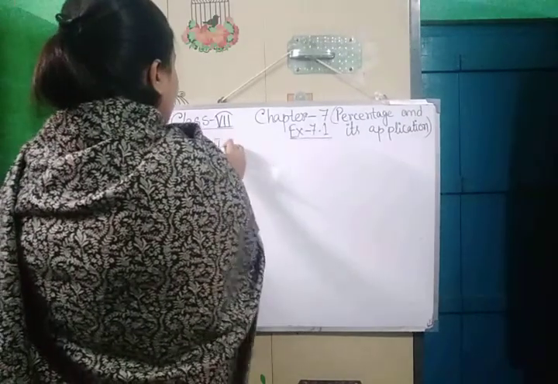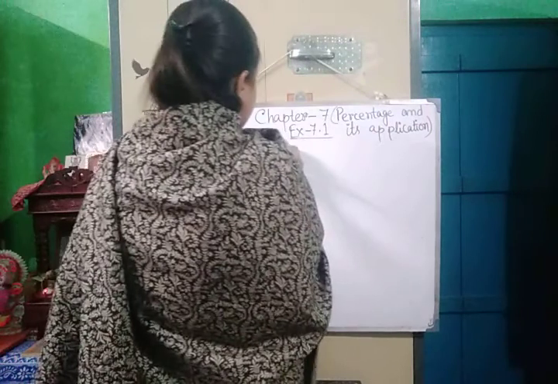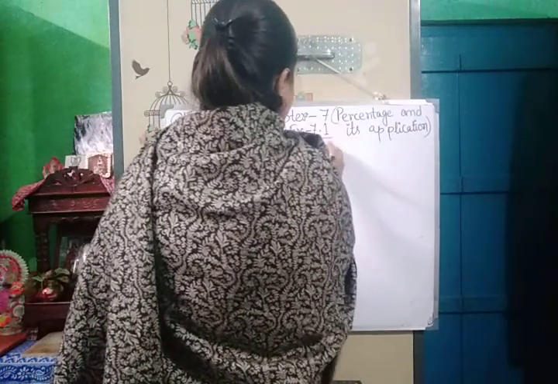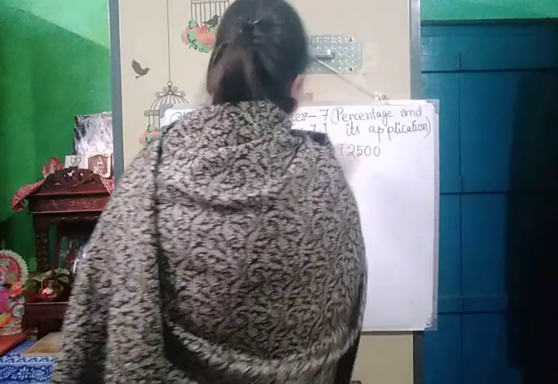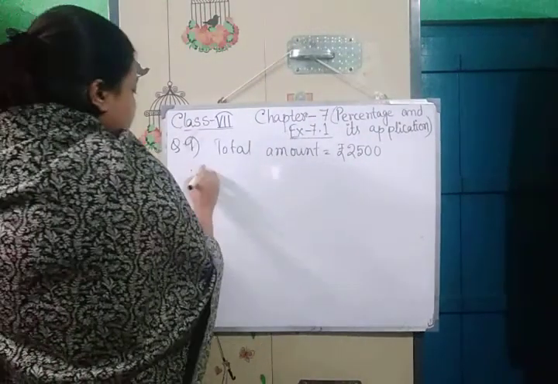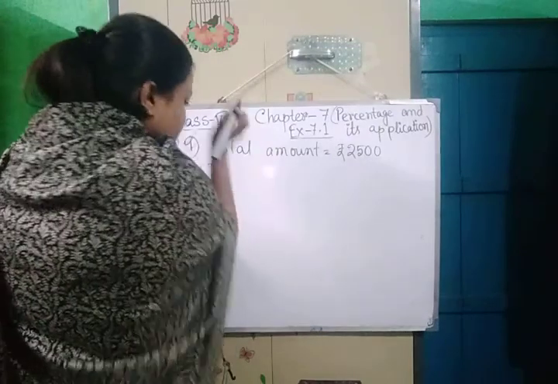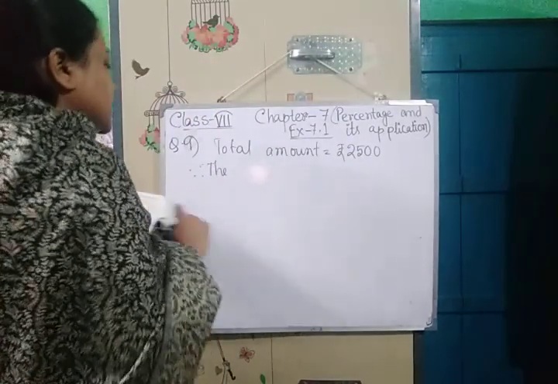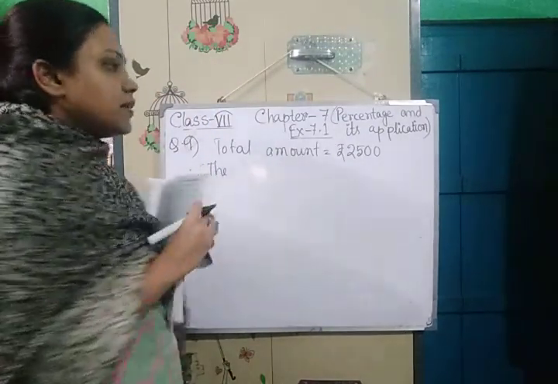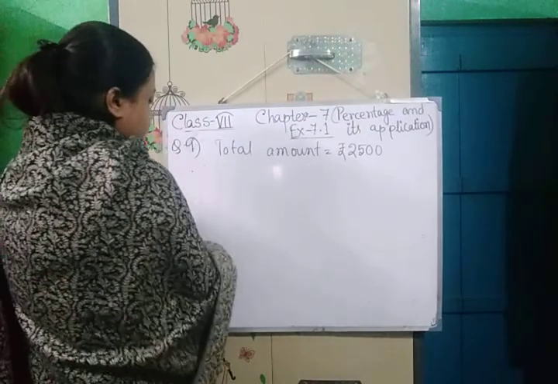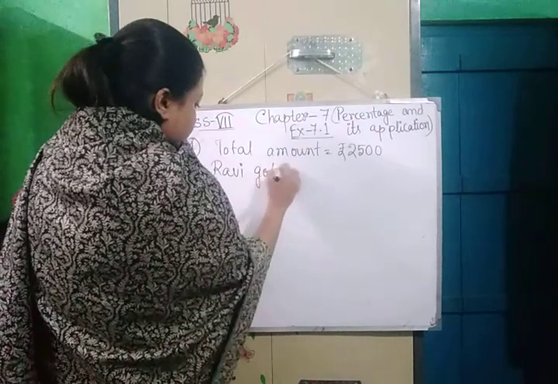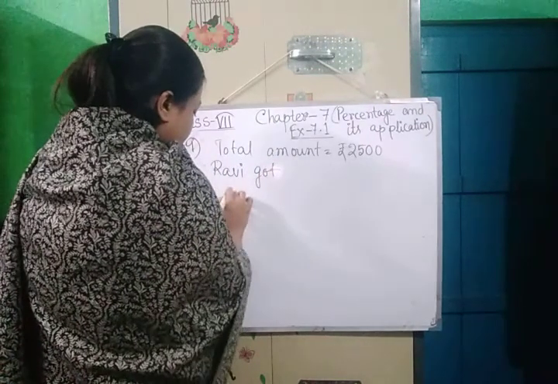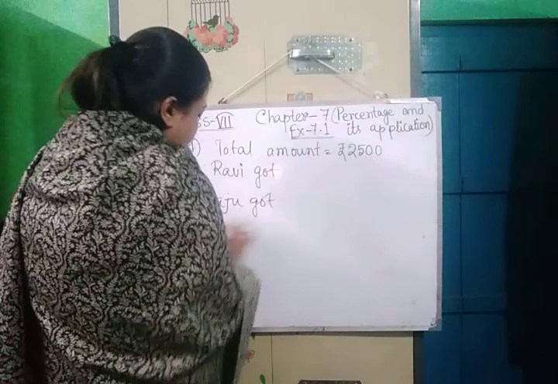So the total amount is rupees 2500. Now see, Ravi got, Raju got, and Roy got.